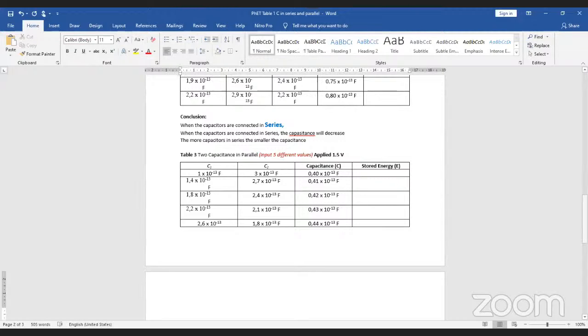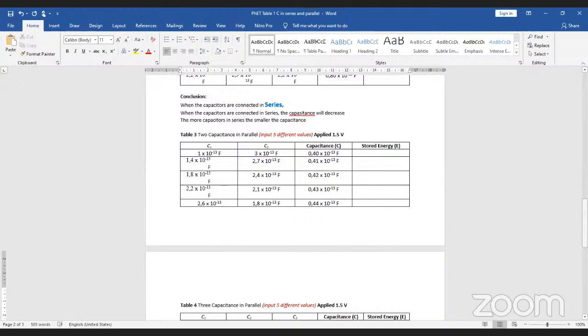And the capacitance is 0.4 times 10 to the power of minus 13 farad. Okay. And table 4 with 3 capacitors in parallel.